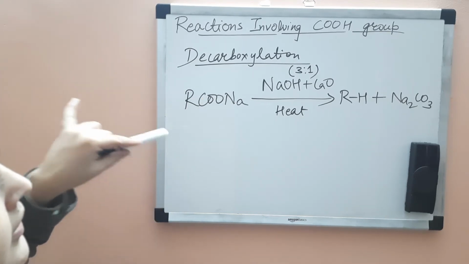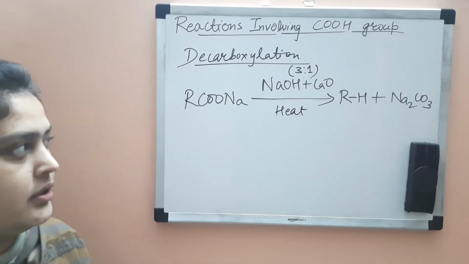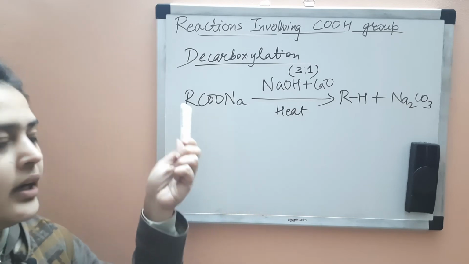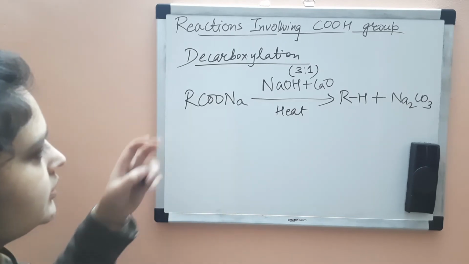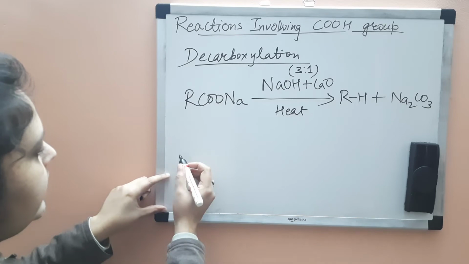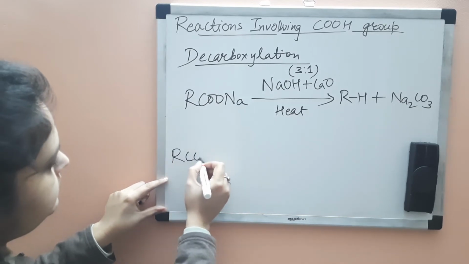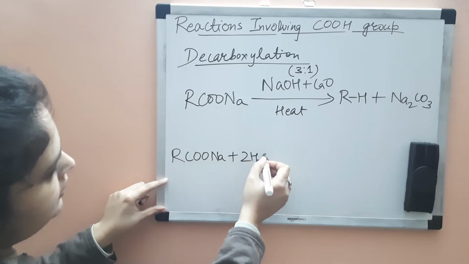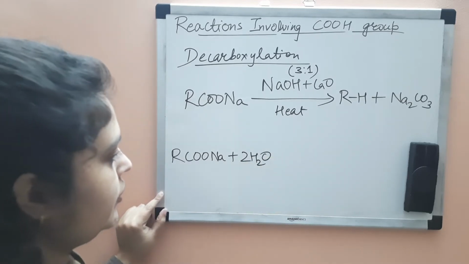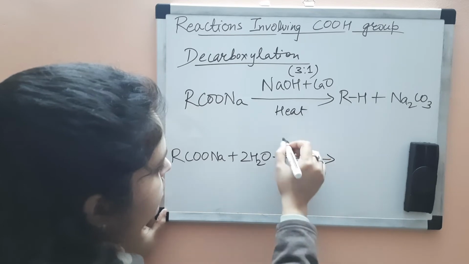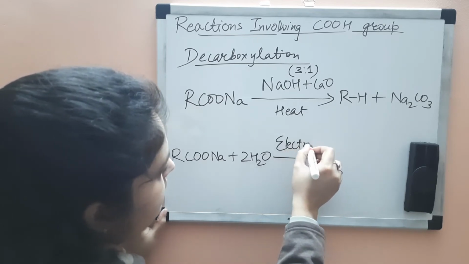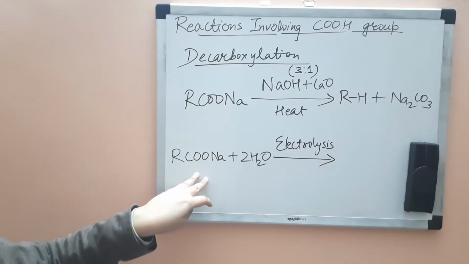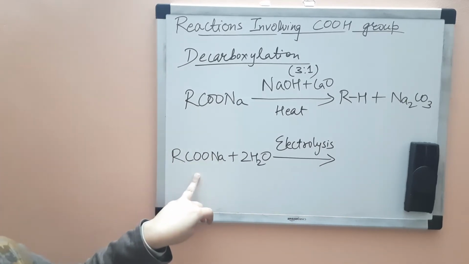The next reaction is Kolbe electrolysis reaction. What happens in that reaction? You take the alkali salt of carboxylic acid, like sodium salt of carboxylic acid, and add water and then do electrolysis. So you do electrolysis, and here also CO2 is removed, and what product you will get?